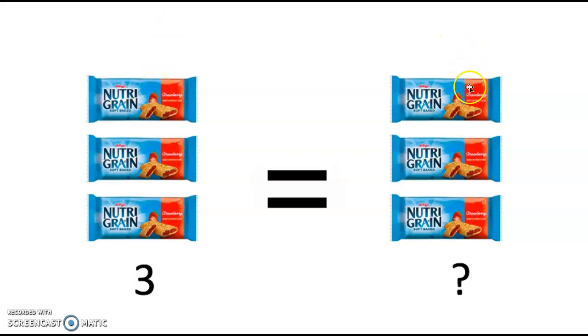So let's count. 1, 2, 3. Is 3 the same amount as 3? Yes, it is. Because 3 is the same as 3, we can say we have an equal number of Nutri-Grain bars.